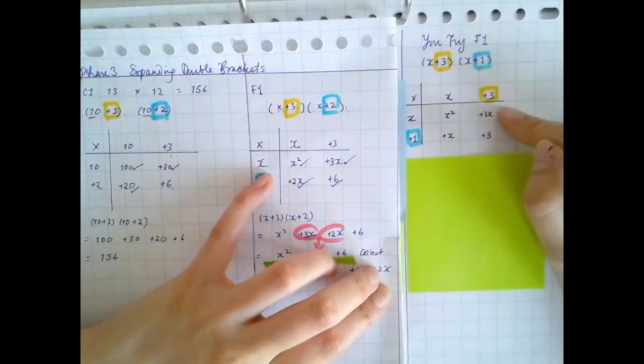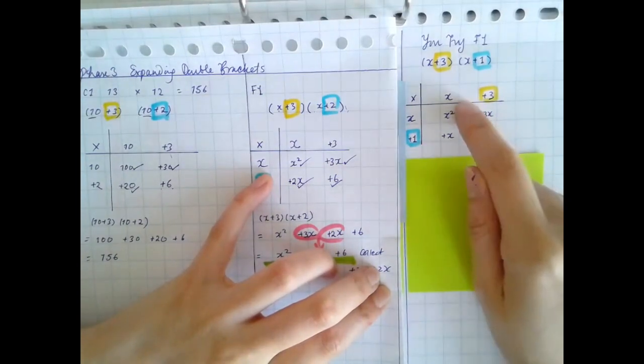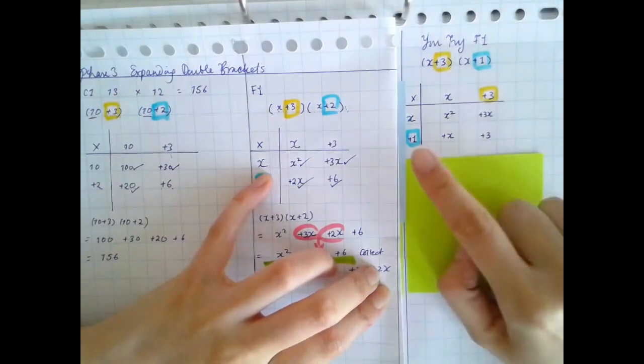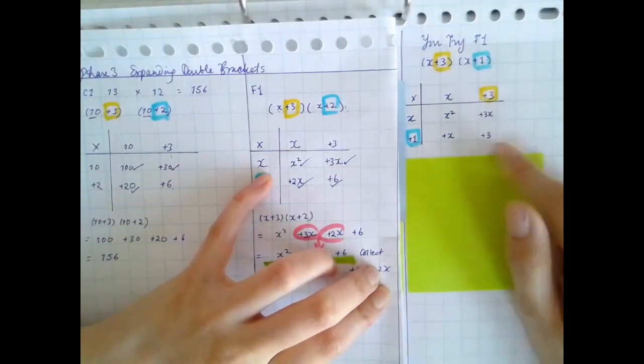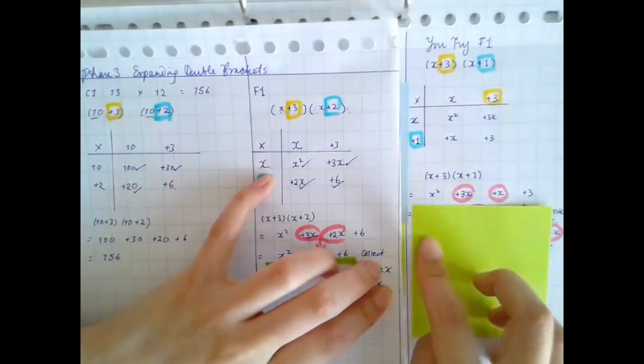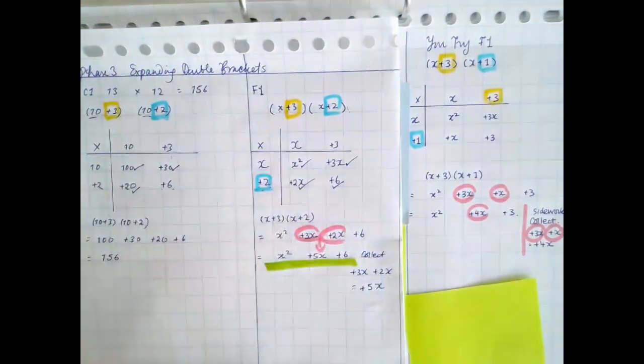Add 3x here. This is a plus x, because positive 1 multiplied by x is a positive 1x, which is just the same as positive x. Positive 1 multiplied by positive 3 is a positive 3. Collect your like terms. Positive 3x, add x is positive 4x, and that there is your polynomial.